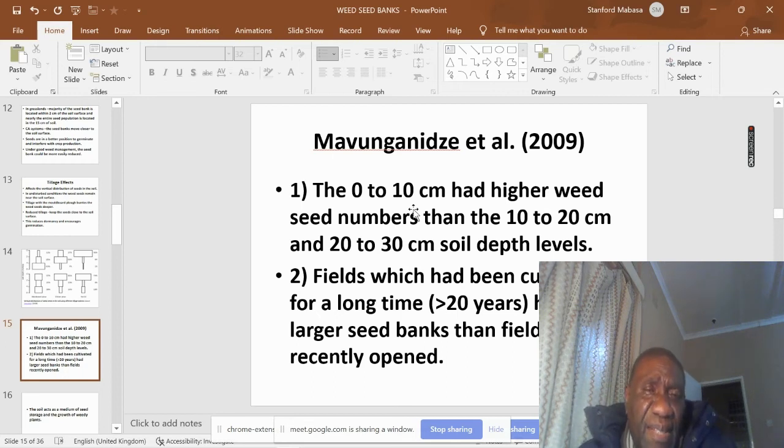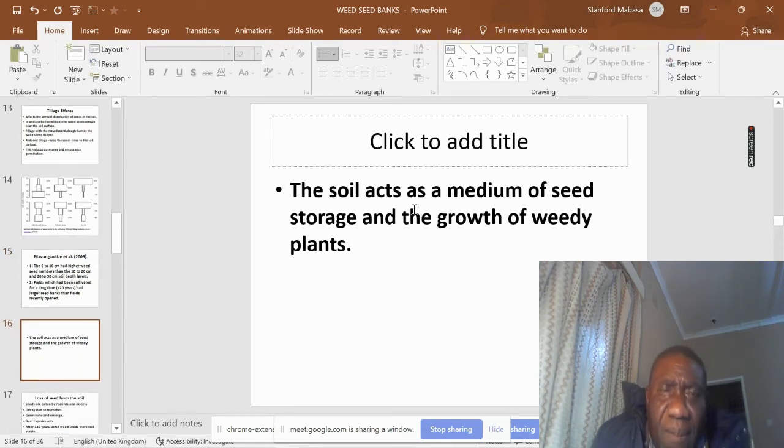So most of these fields which have been under cultivation for a long time have a lot of weed seeds. So the soil acts as a medium of seed storage and the growth of weedy plants.